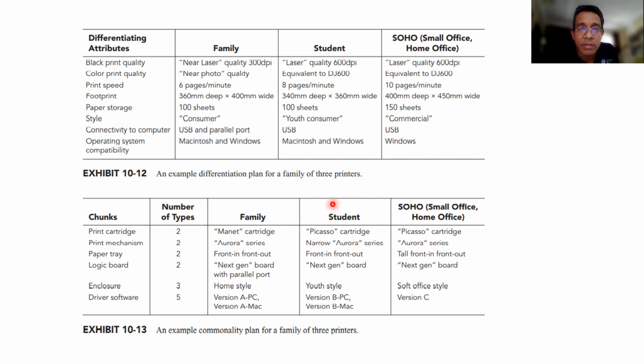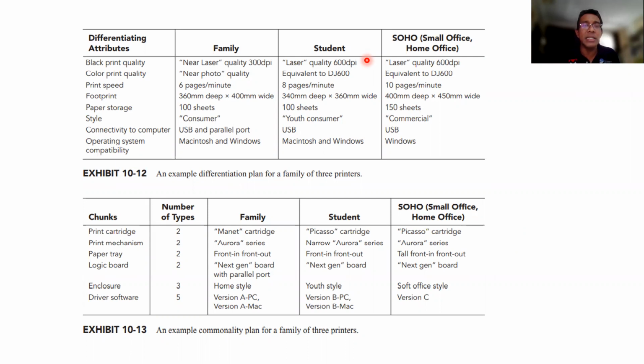Because when student and office combine using the same cartridge, they can produce a lot of cartridges and give more quality. So they can reduce the cost for the cartridge, and maybe the cartridge can be sold cheaper. That is the pro and con we can discuss.